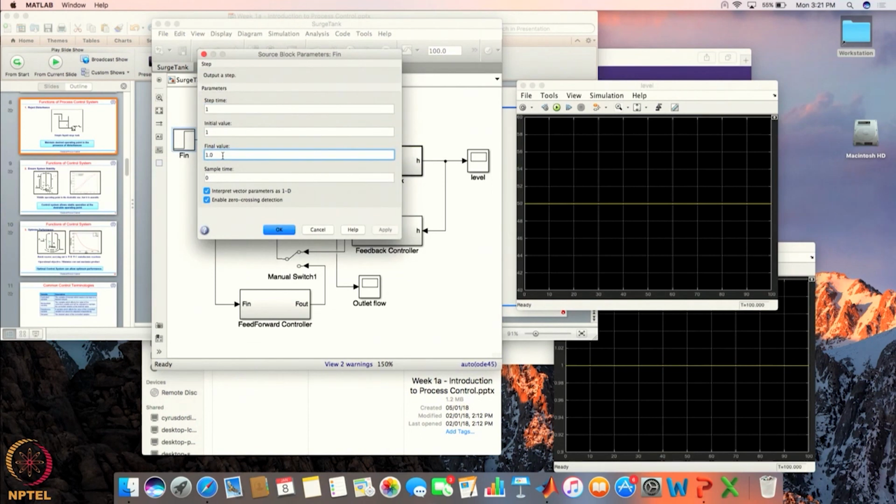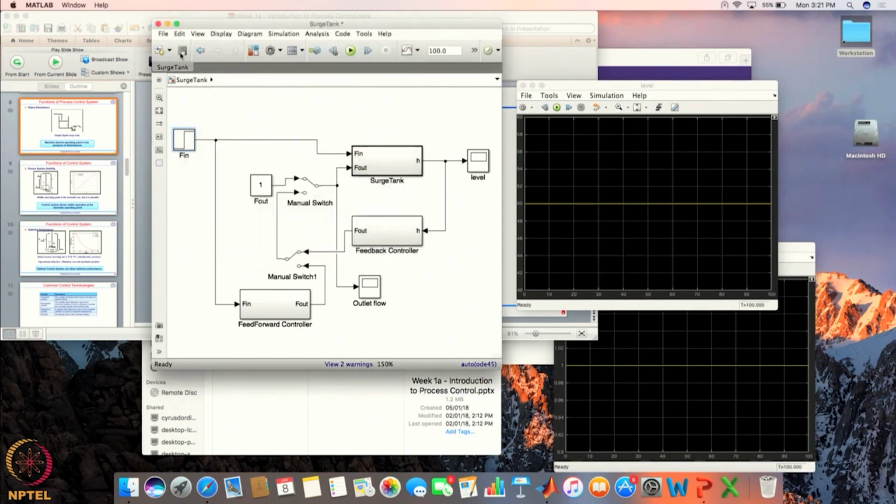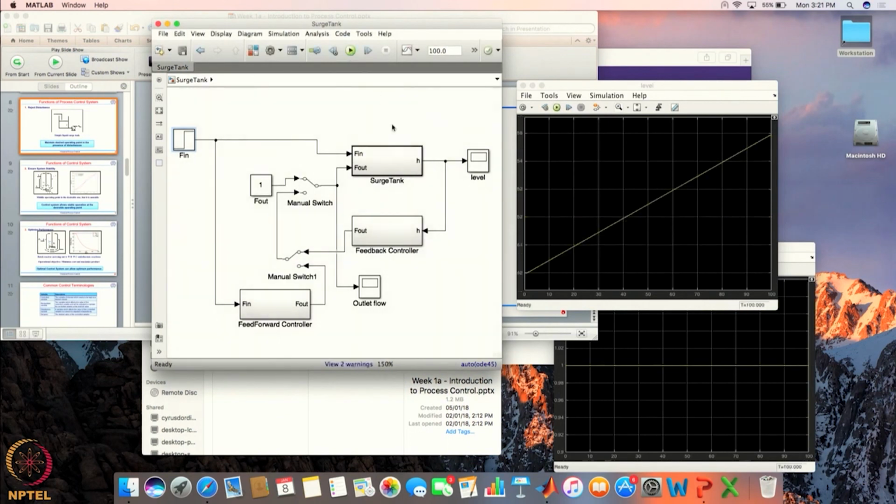So let us say the inlet flow rate increases by 5% and we do not take any control action. What would happen? As a function of time, the level inside the tank will keep on increasing, in this case linearly, because it is a very simple tank, and after the level reaches 100%, the tank will overflow. The same thing will be true if F in is less than F out. In that case, your tank will drain out.